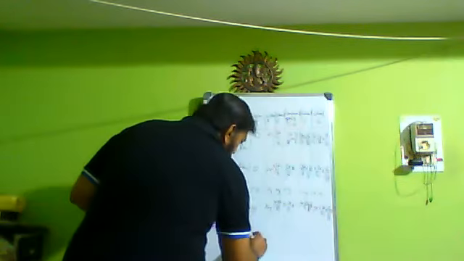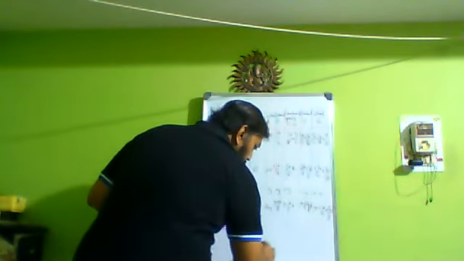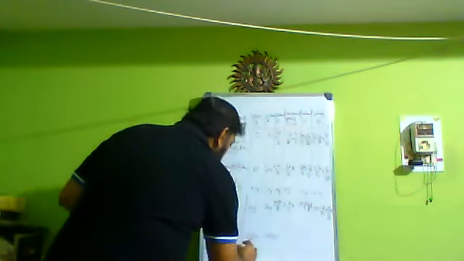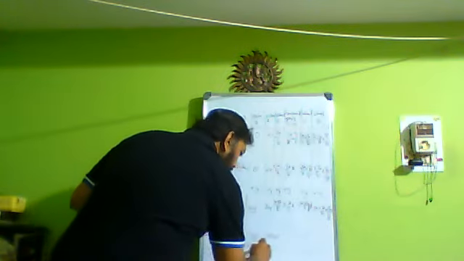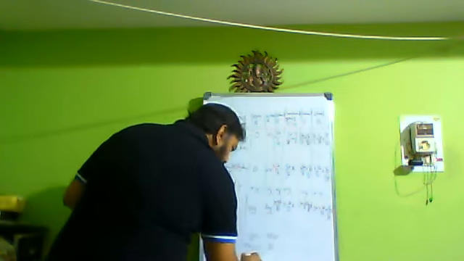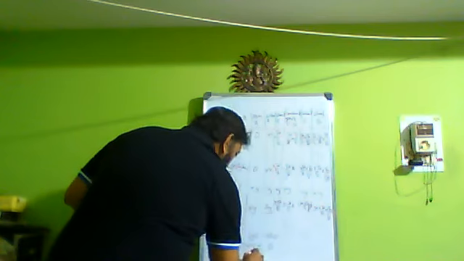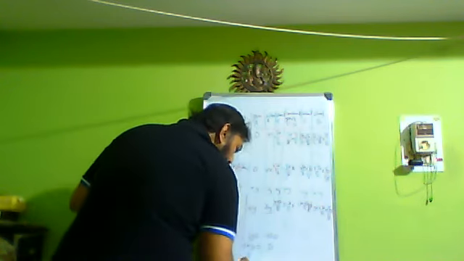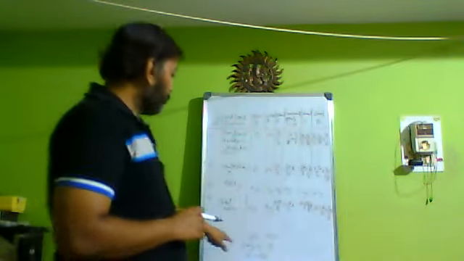So y is equal to minus 100, and we substitute this. Then we get x plus y is equal to 0, so x will become 100, together it will be 0.